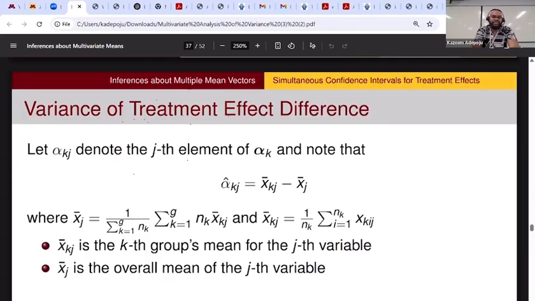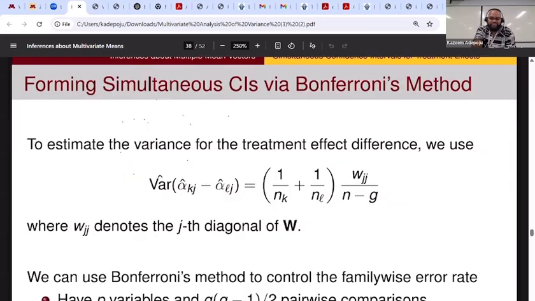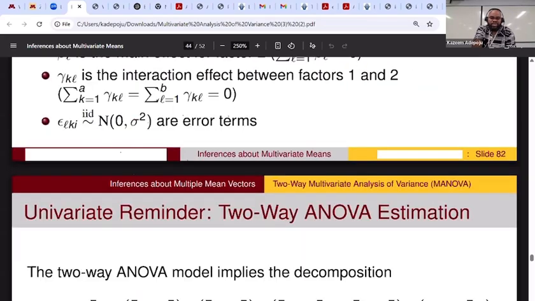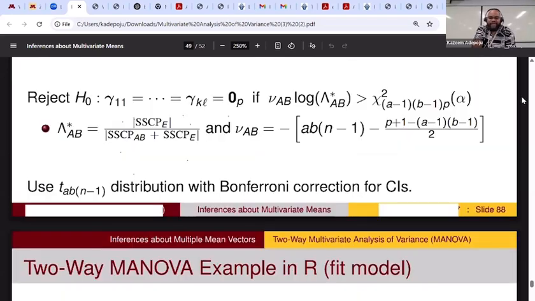Now the next is the variance of treatment effect difference. Oh, that's a lot. I'm going to take it easy.